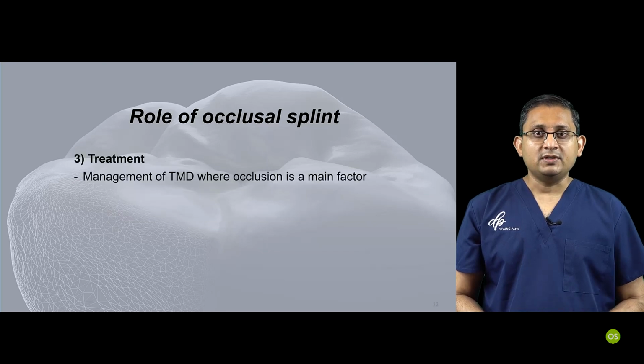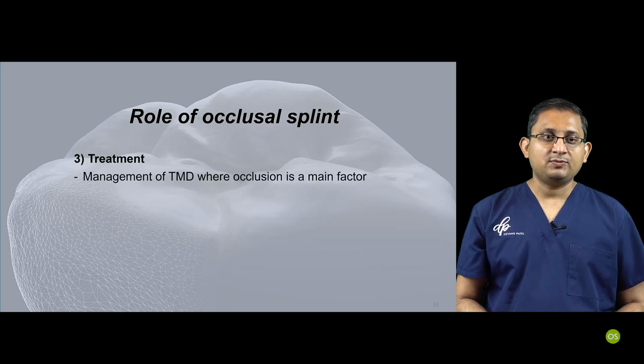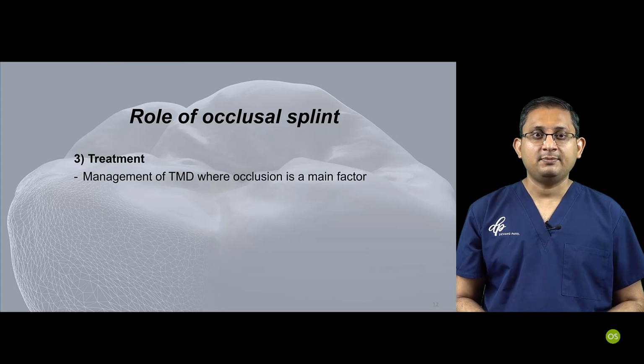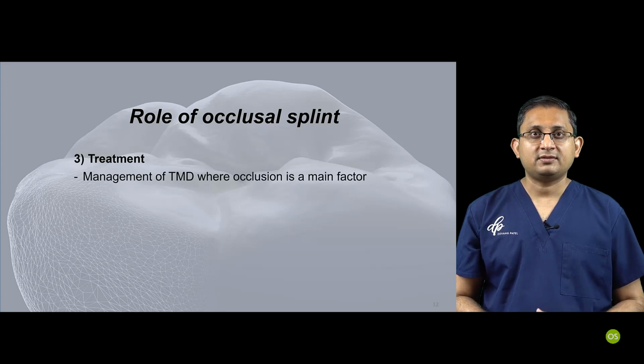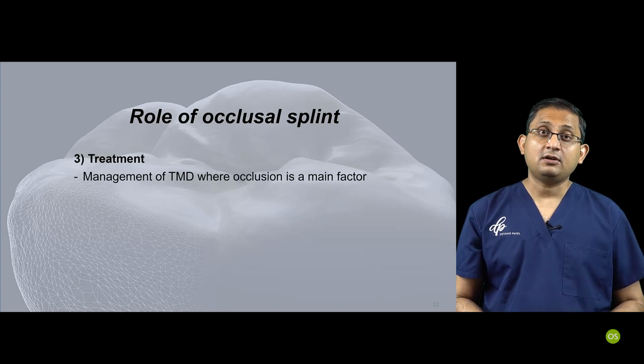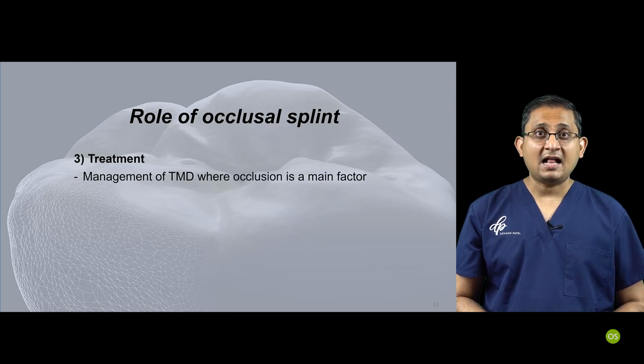With regards to treatment, it helps in management of TMD where occlusion is the main factor. And this is, I cannot stress enough, that if the occlusion is not the main factor, the splint will help, but you really need to assess what are the other factors which are relating to this pain or problem.